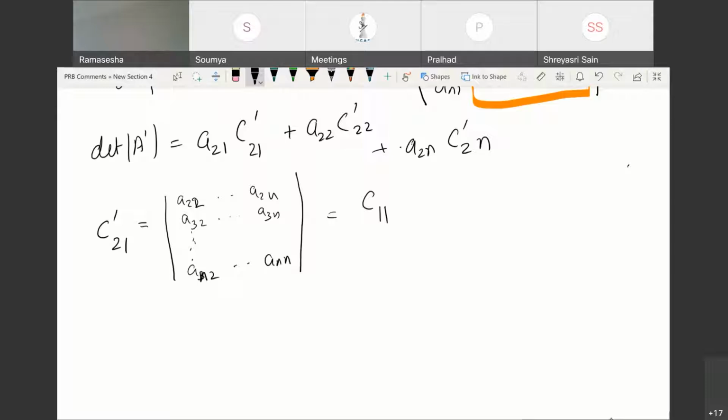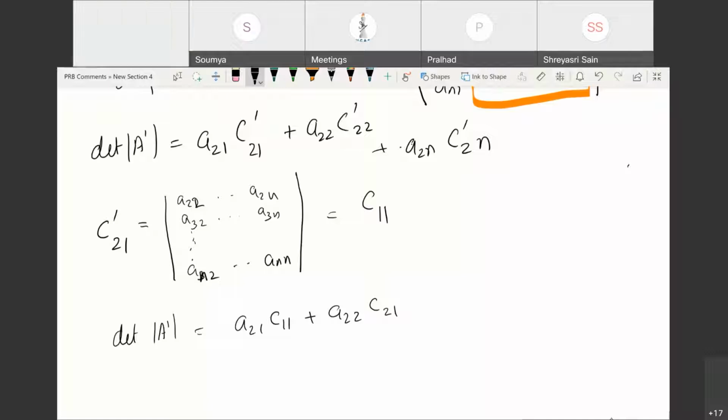Okay. So what we have is determinant A prime equal to A21 C11 plus A22 C21 plus etc. plus A2N CN1, right? Or I can write sigma over K of A2K CK1.